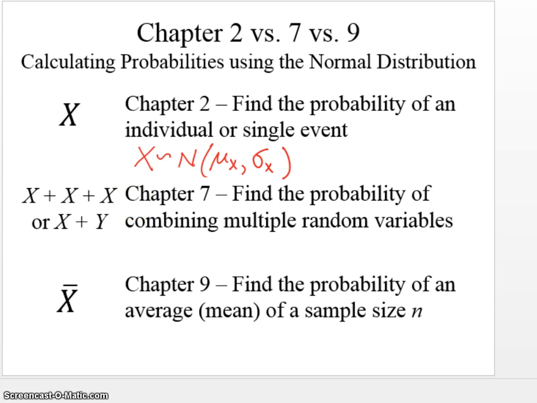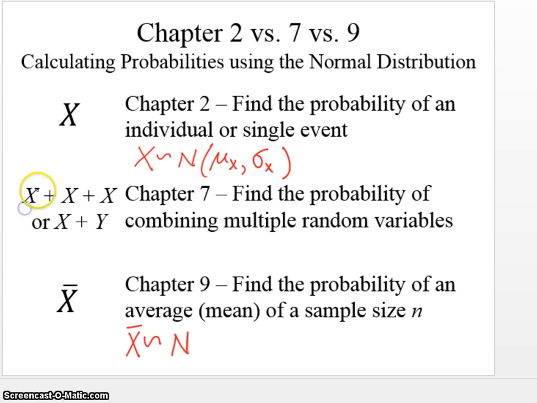And then chapter 9, oh by the way, this slide is not in your PowerPoint at all. So make sure you write all this stuff down. Chapter 9, what we just did is we said, okay, well, X bar, which is the sampling distribution of sample means, all the sample means put together.